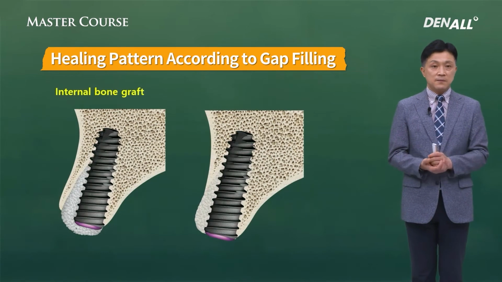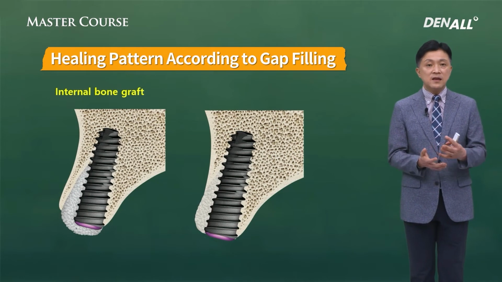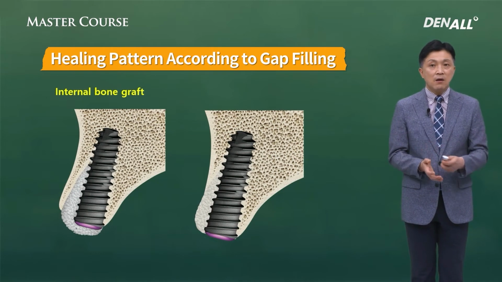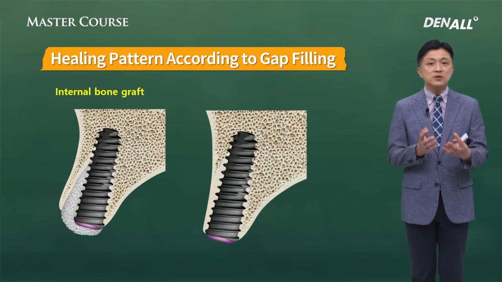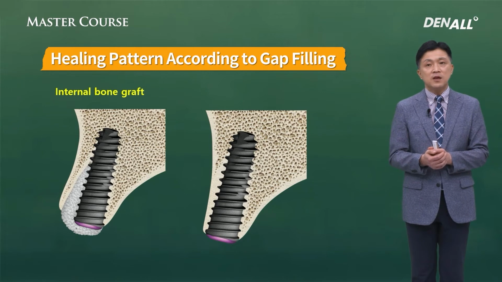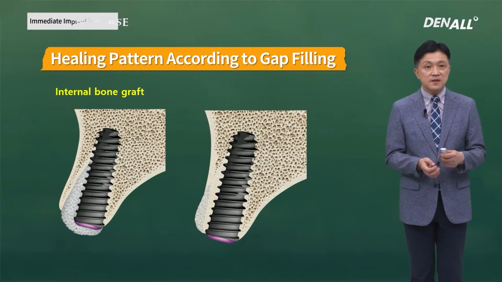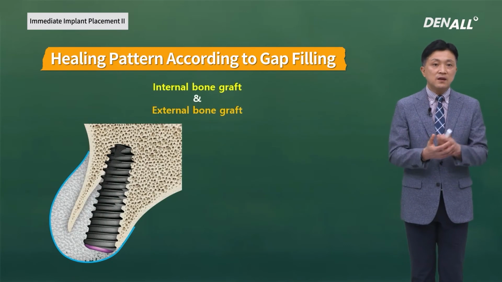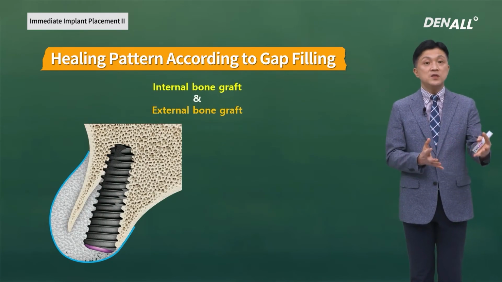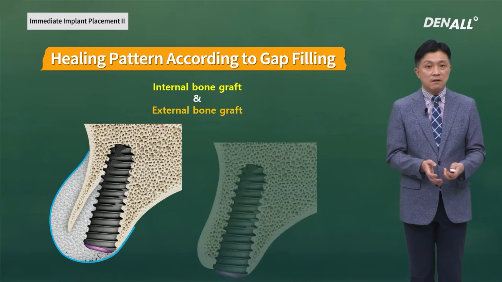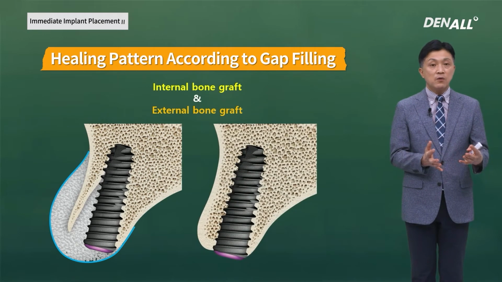When you do only internal socket graft, you can prevent remodeling somewhat, but there's still going to be only thin labial plate left. The amount of labial plate thickness is most when you do both external and internal socket graft. You can get such very good results.